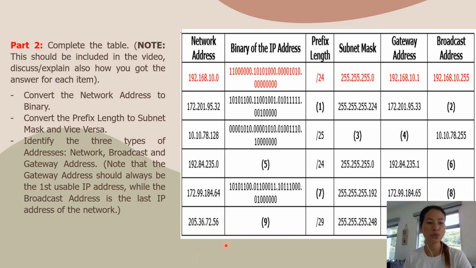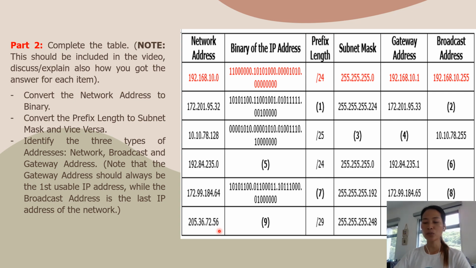Okay, and then the last one is number 10. We have to find the broadcast address of this given network address. My answer is 205.36.72.56. Where did I get the answer? From here, the 248. So 248 minus the 56 here.